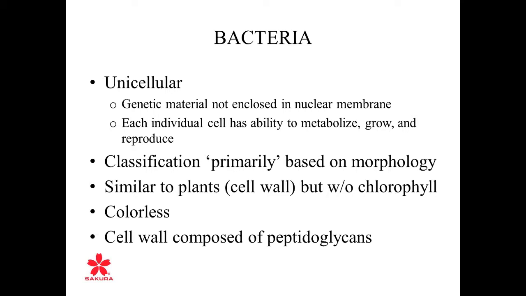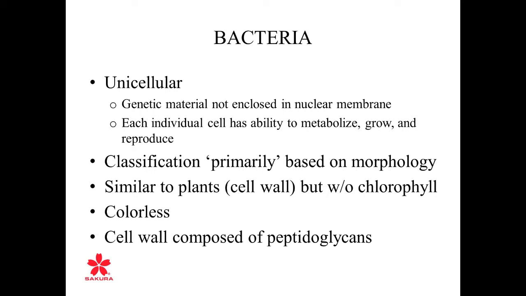Similar to plants, they have a cell wall, but without chlorophyll, and they are colorless. So when we're staining, one of the things we have to be cognizant of is the colorless cell wall. The staining methods that we use, we can't rely on being able to color this cell wall, as in many plants or fungi.